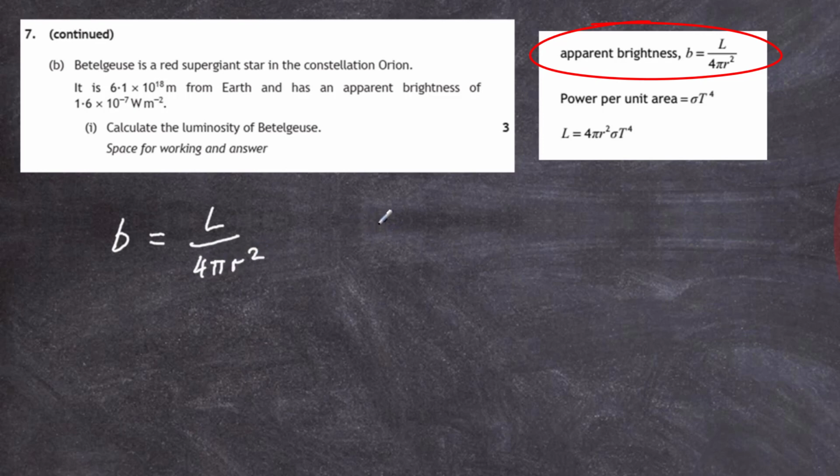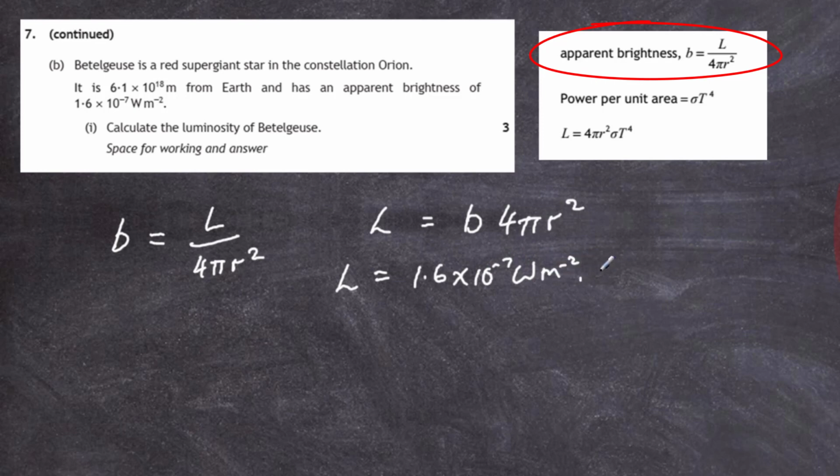Now we rearrange and we get that the luminosity L, we cross multiply. L is equal to the apparent brightness times 4 pi r squared. So all we need to do is put in the numbers, and we can say L is equal to the apparent brightness, which is B, and we're told that's 1.6 times 10 to the minus 7, and it's going to be watts per metre squared.